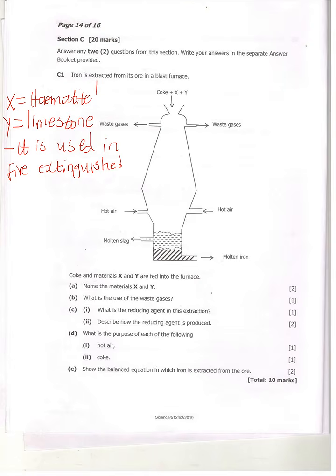Now let's move on to Roman numeral 1. What is the reducing agent in this extraction? The extraction of iron involves carbon monoxide as a reducing agent. Then describe how the reducing agent is produced.